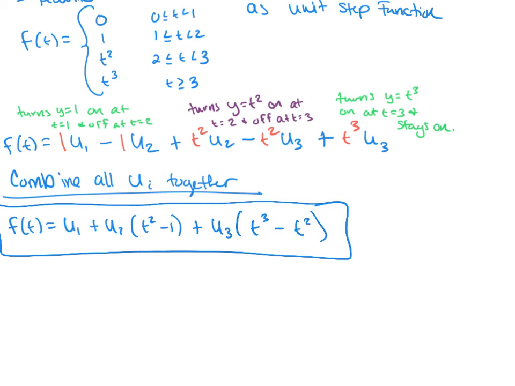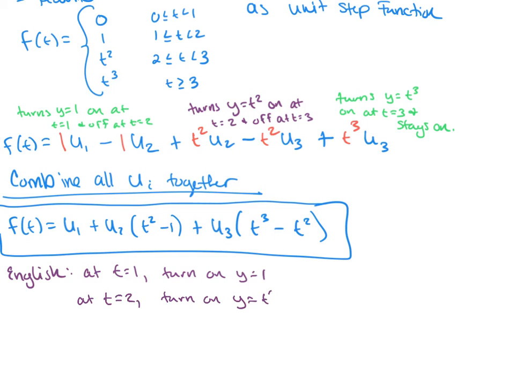So let me translate this into English. This means at t equals 1, turn on y equals 1. Next, at u2, at t equals 2, turn on y equals t squared and y equals 1 off.